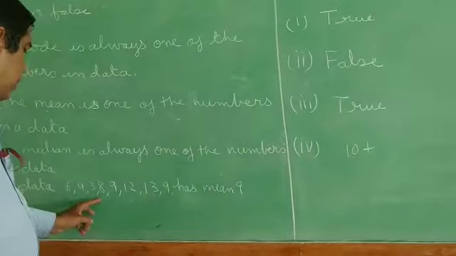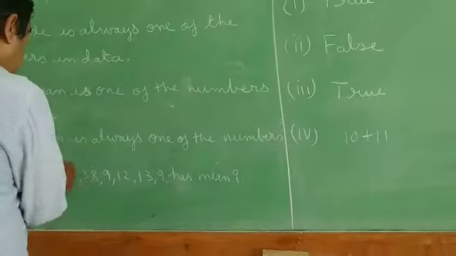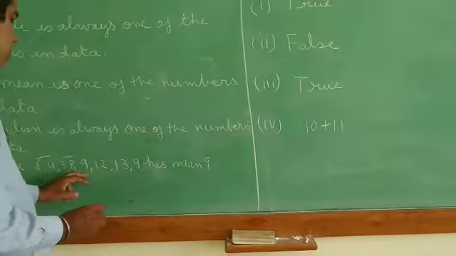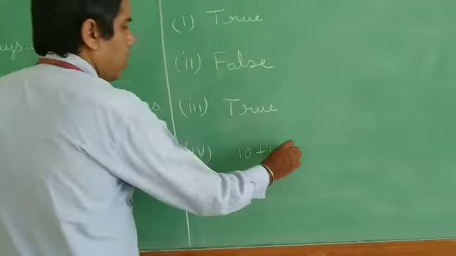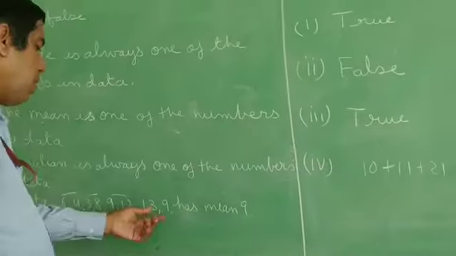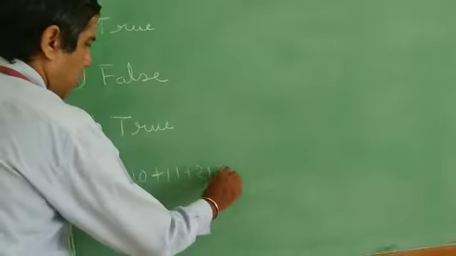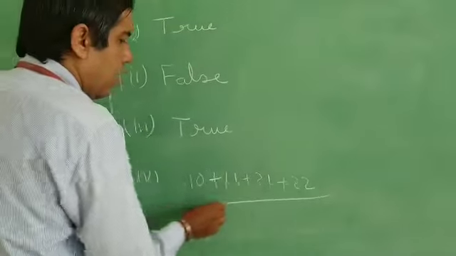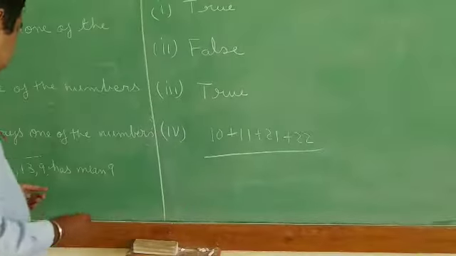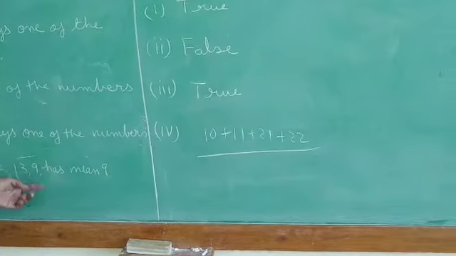And here 3 plus 8, 11. I am writing here. You can see here 9, 12 plus 9, it is coming 21. And 13 plus 9, you can see it is 22. Now you add this. And upon how much, how many numbers are there? 1, 2, 3, 4, 5, 6, 7, 8. Upon 8.